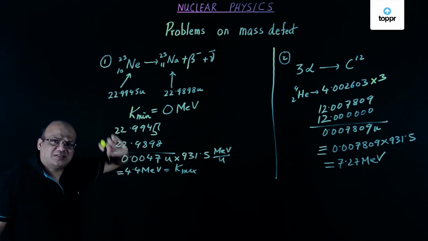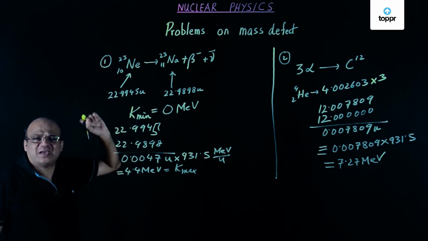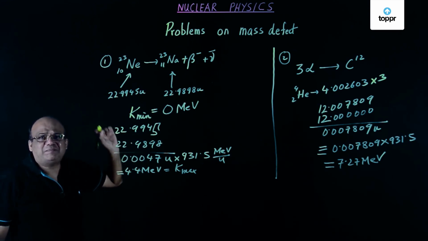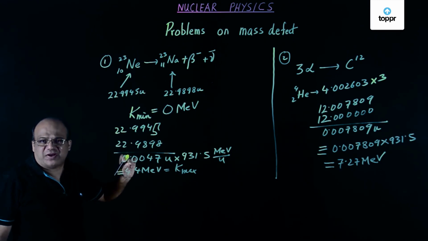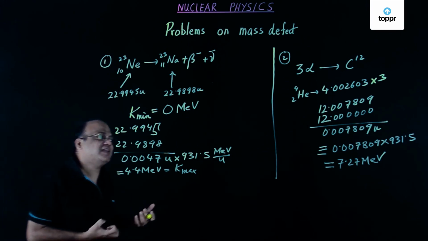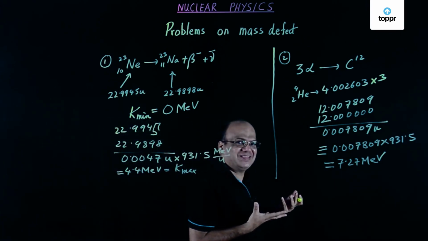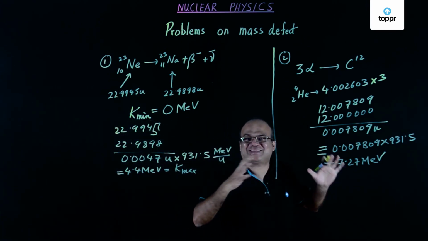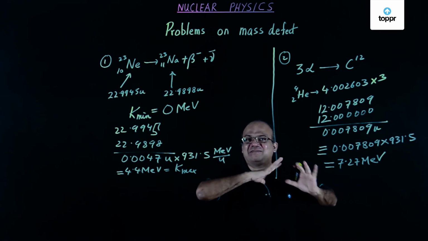Once you have got the mass defect delta M in AMU, multiply it by 931.5. That will give you the energy released in the reaction in MeV. As simple as this. Very, very easy.